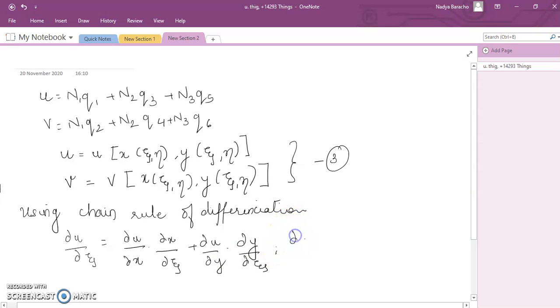Similarly, if I do dou u with respect to dou eta, I will get dou u by dou x into dou x by dou eta plus dou u by dou y into dou y by dou eta.